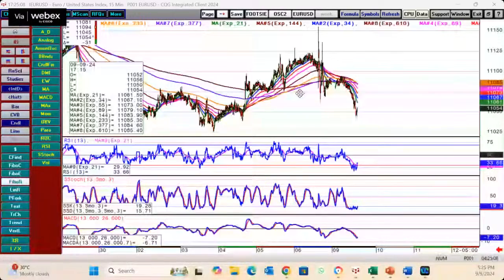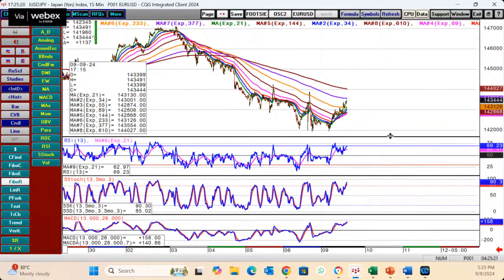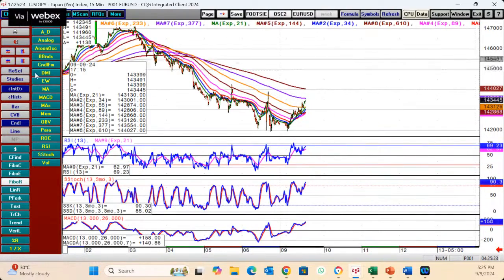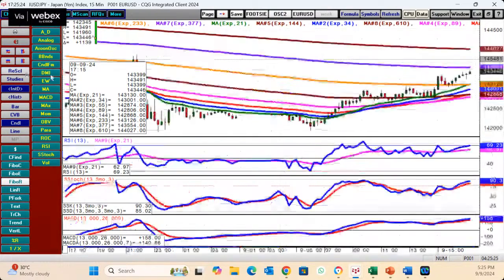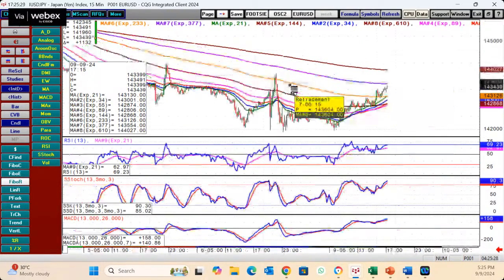Okay, now we are into the chart. So now when we look at this chart, the system would give you the entry, TP levels, stop loss levels, and all.